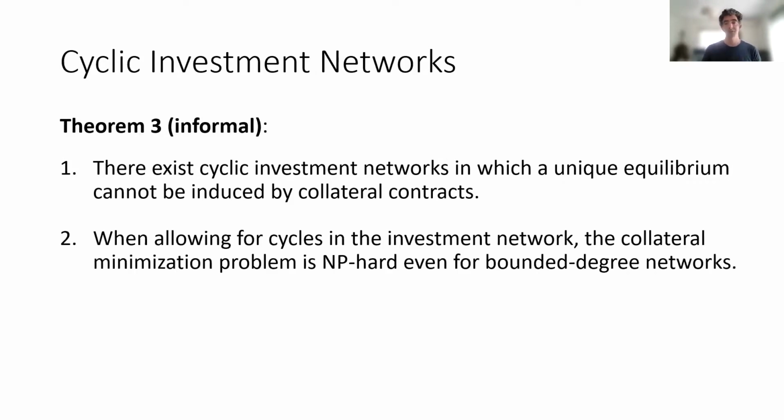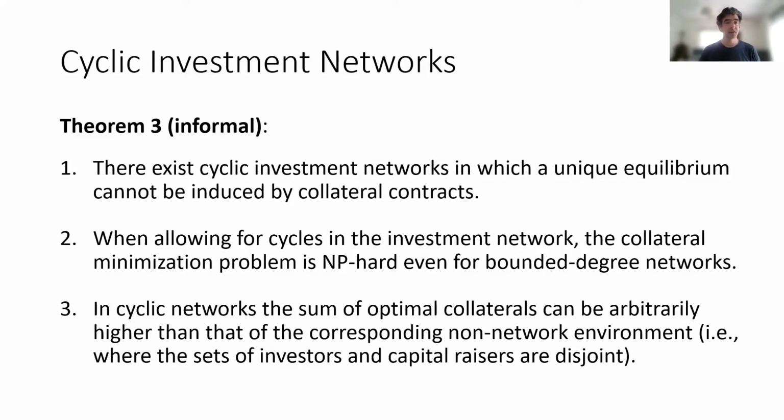Second, when you have cycles in the network, the collateral minimization problem becomes NP-hard even for bounded degree networks. And finally, even in cyclic networks, even if you have a solution and you can find it, we show that the total collateral in an optimal collateral scheme may be arbitrarily higher than the corresponding non-network environment, where the sets of investors and capital raisers are disjoint sets.